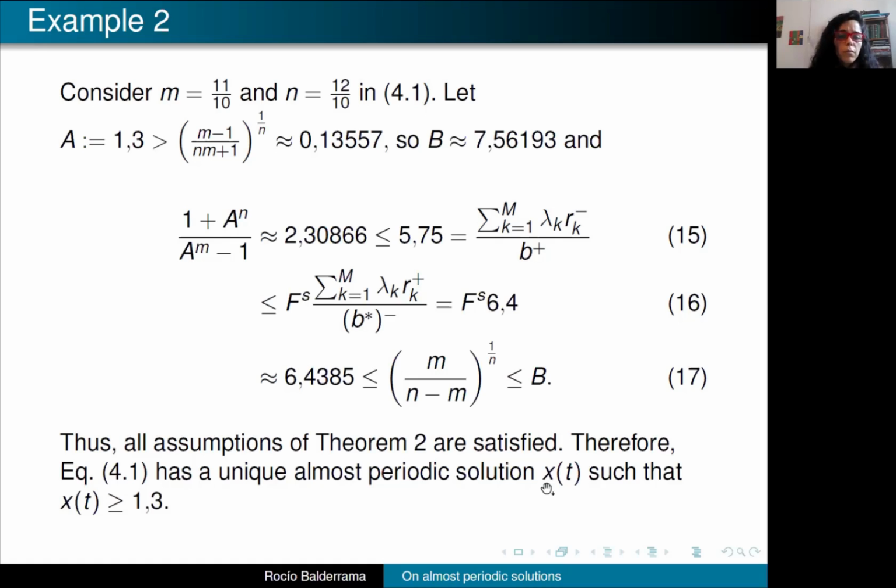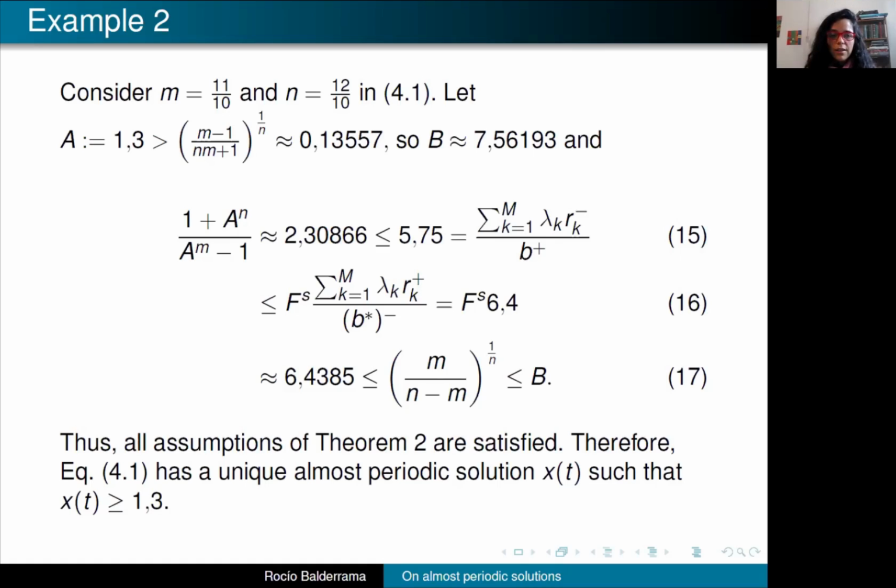So that is what I want to talk about. And one good question for future work is to try to prove not only the existence of the periodic solution, but the global stability of this solution.